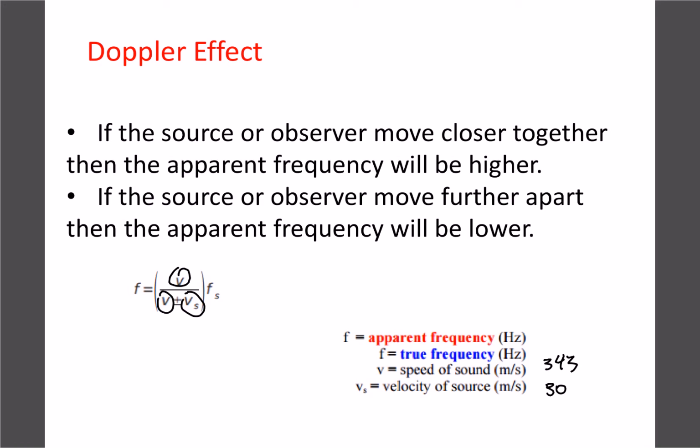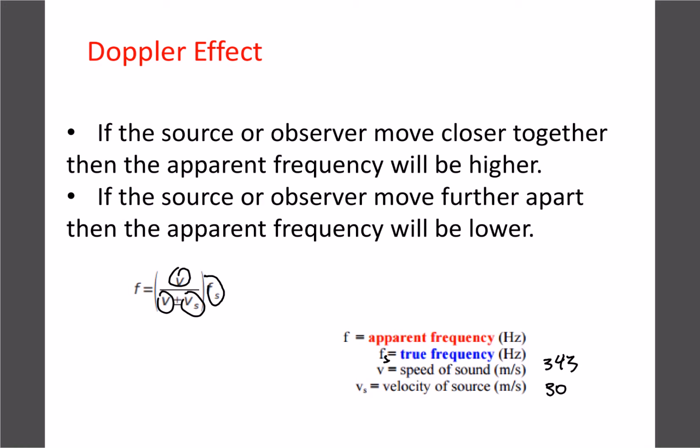You can see we either add or subtract that 30 meters per second to our speed of sound. And then we divide. That whole velocity part is just calculating the ratio of the speed and how it's going to change. We multiply that by the actual frequency of the source, and what that calculates is our apparent frequency.